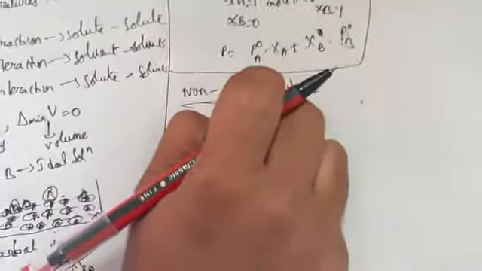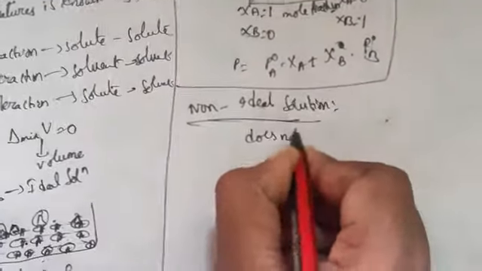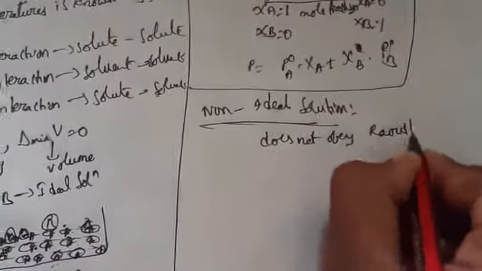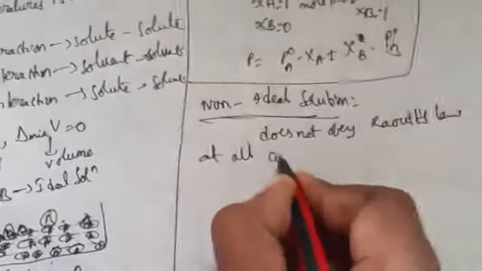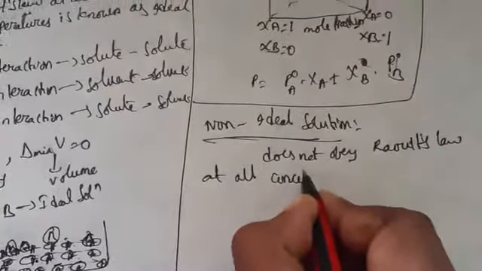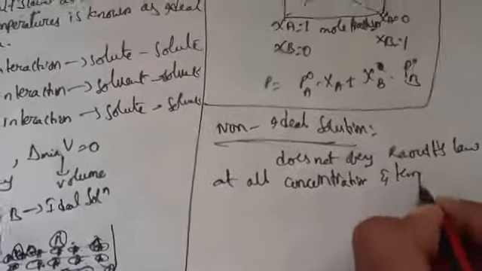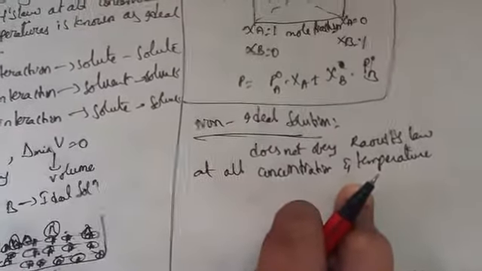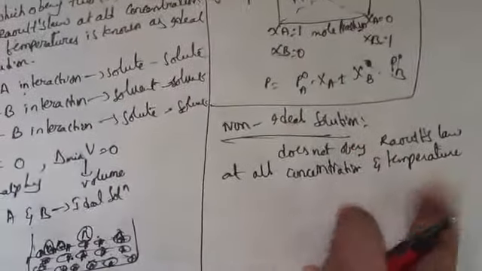A non-ideal solution is one which does not obey Raoult's law at all concentrations and temperatures. Ideal means it obeys, and non-ideal means it does not obey Raoult's law.